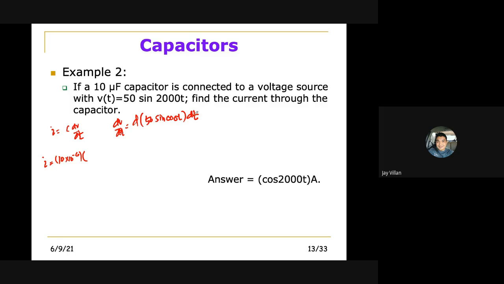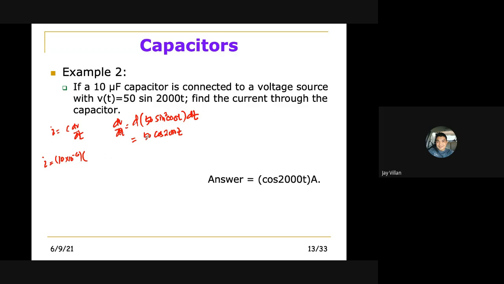Okay, so what is the derivative of sine? That is cosine. 2000. So this is 50 cosine of 2000t. Okay, so times, am I correct?